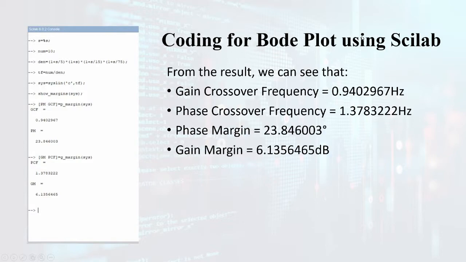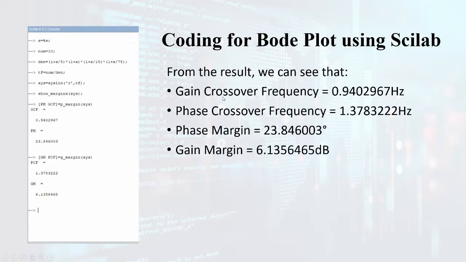For the coding for the Bode plot by using Scilab, this is the code to determine the gain crossover frequency with the phase margin. Another one will be the phase crossover frequency with the gain margin.